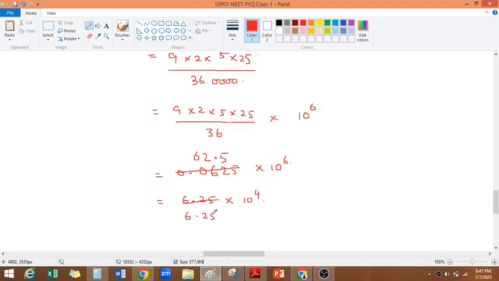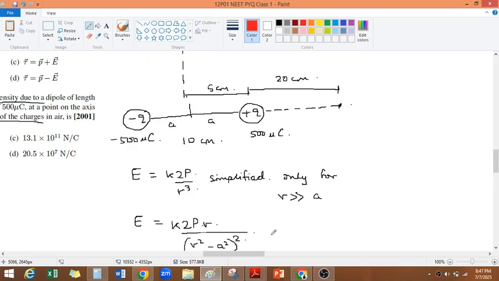Yes, 6.25 into 10 power 7 is correct. Oh. Okay, because one decimal point I have to move it here. So that's your answer, 6.25 into 10 power 7.